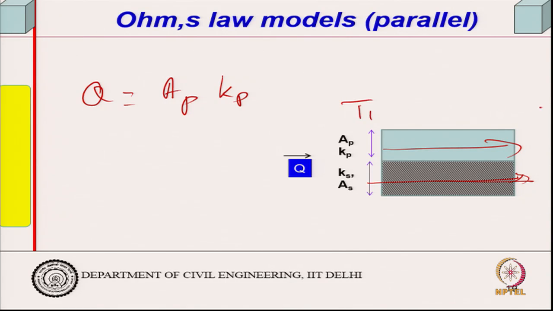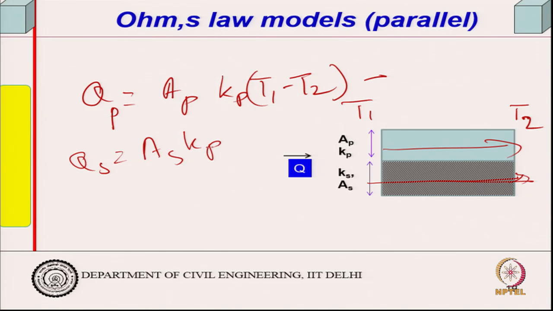Now, the temperature difference is constant here, T1 minus T2, that is Qp, let me call it, and Qs would be As into Ks into T1 minus T2.